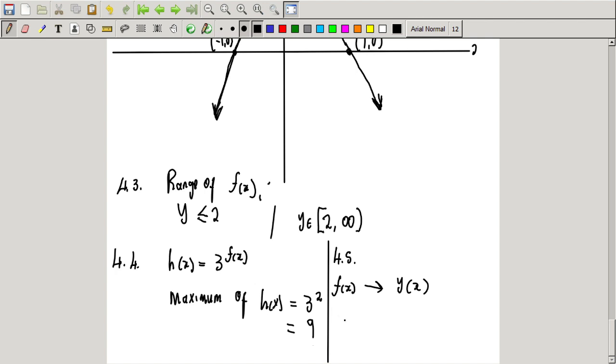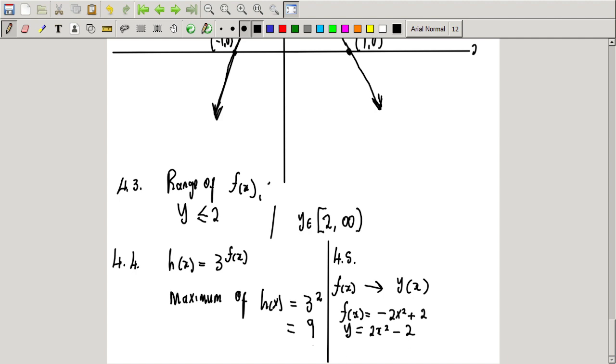Okay, so f of x is equal to minus 2x squared plus 2. y is equal to 2x squared minus 2.